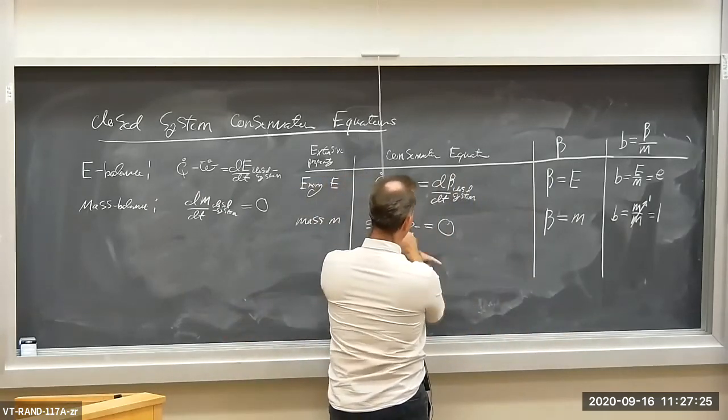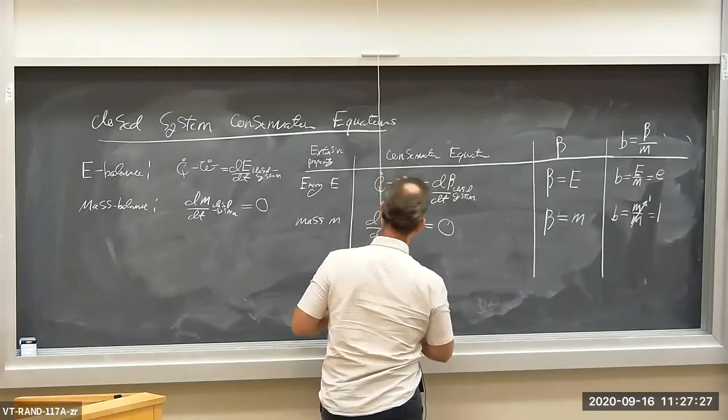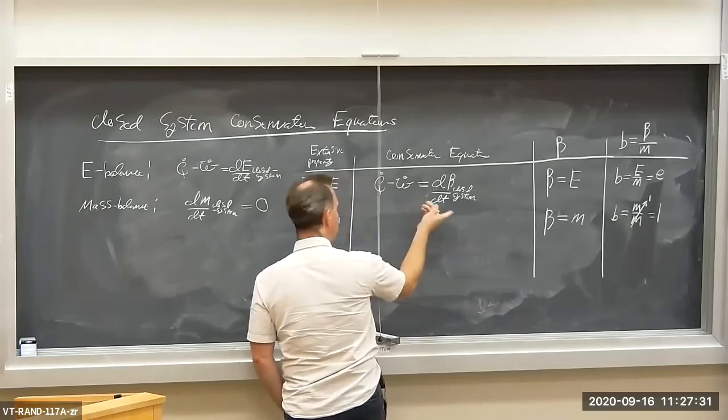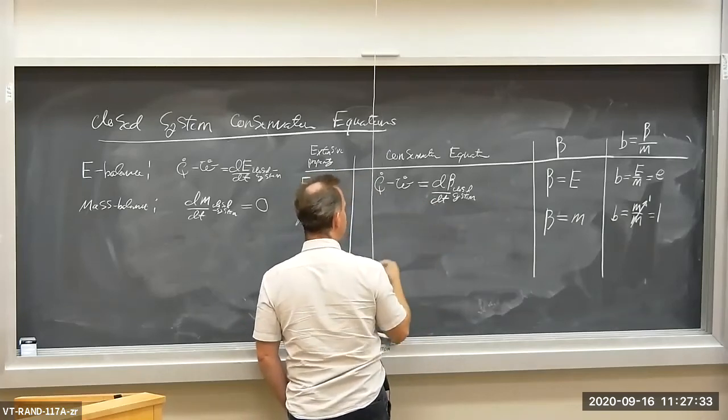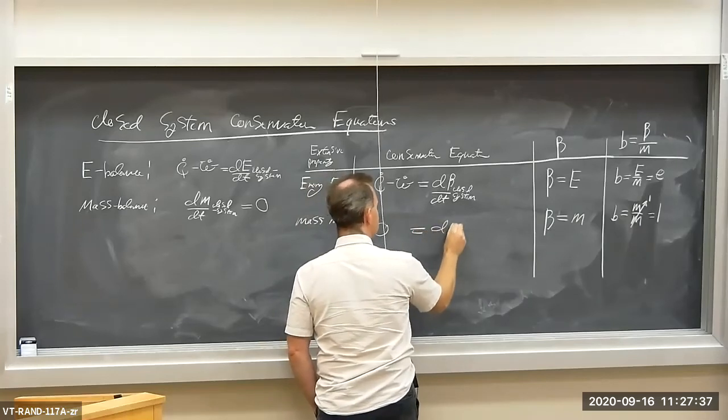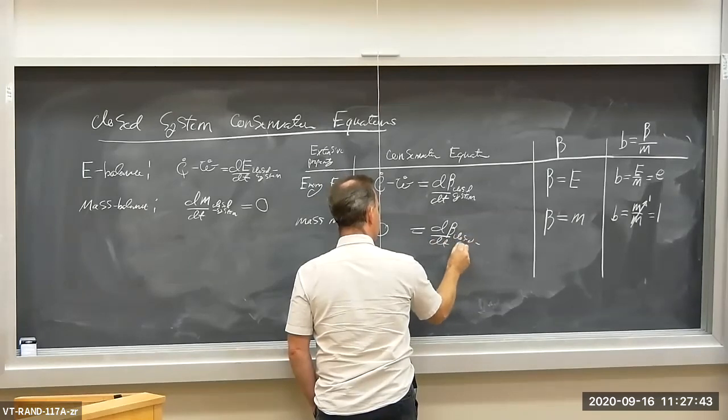I'm going to flip it. I'm going to put a 0 over here and a d beta/dt on the right-hand side, just so that the d beta/dt terms are on the same side of the equation. 0 is d beta/dt for a closed system. Okay?